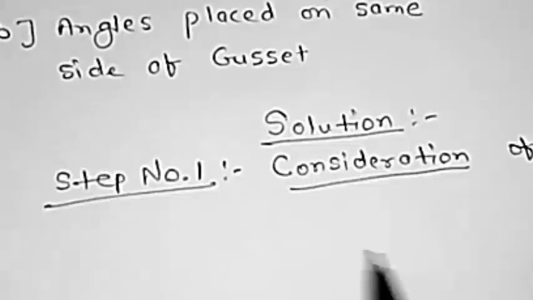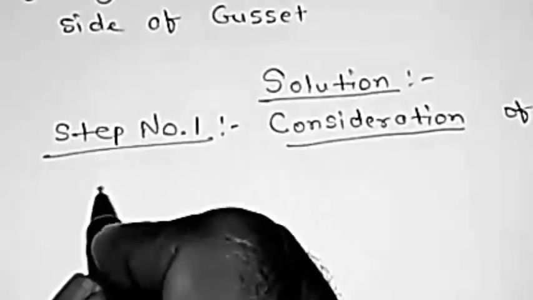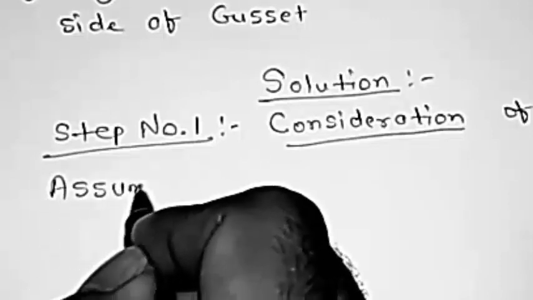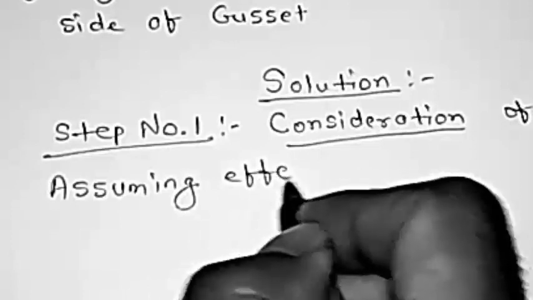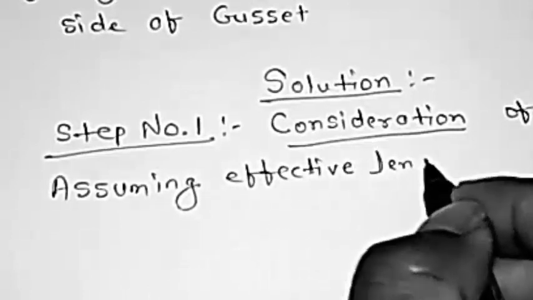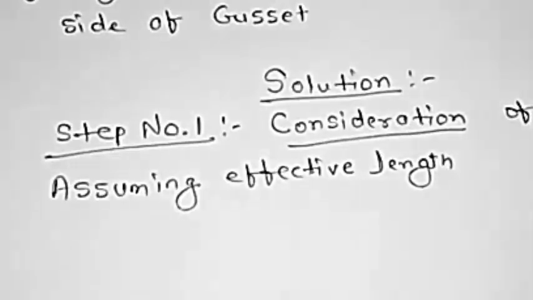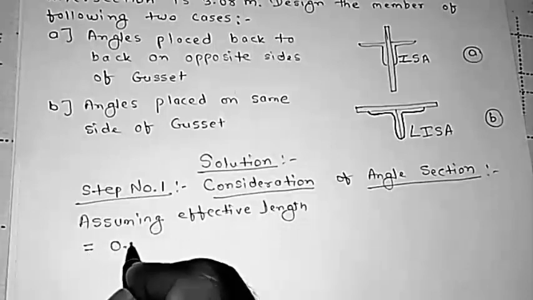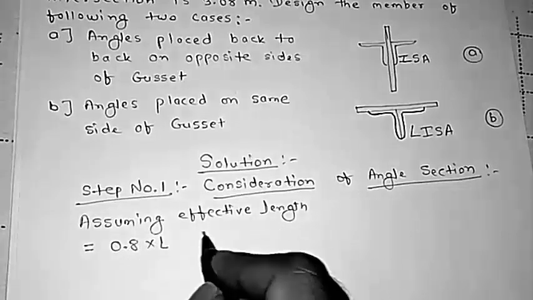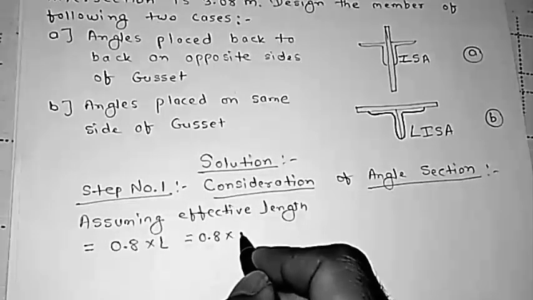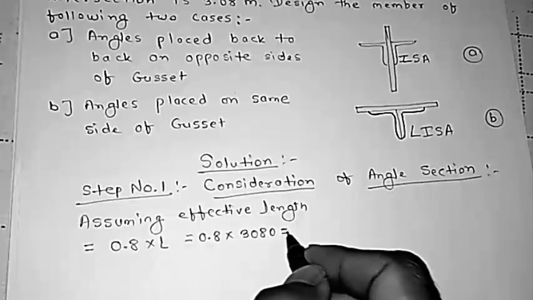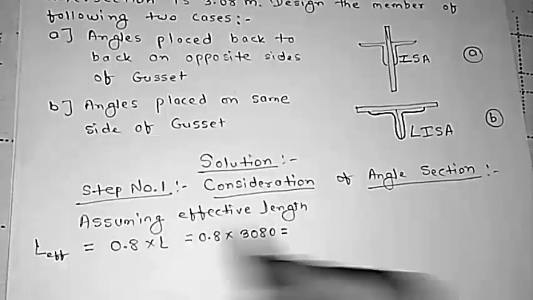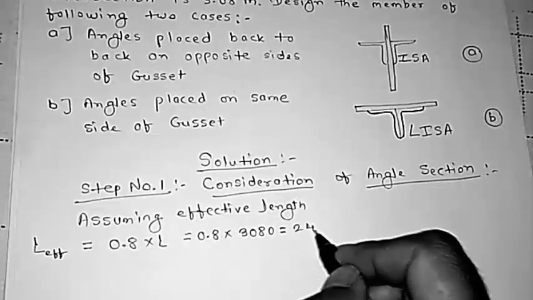So let us calculate the effective length. Assuming the effective length equal to 0.8 times L, so this is 0.8 times 3080 if we consider it in mm, you will get L effective, that is the effective length, equal to 2464 mm.